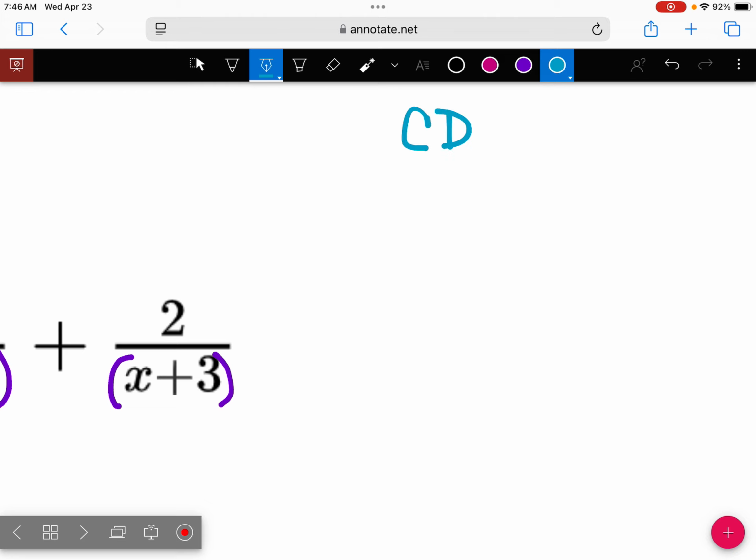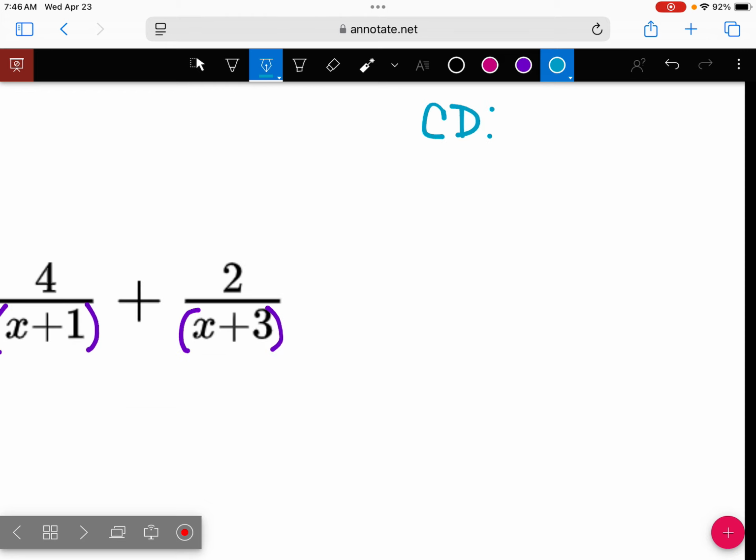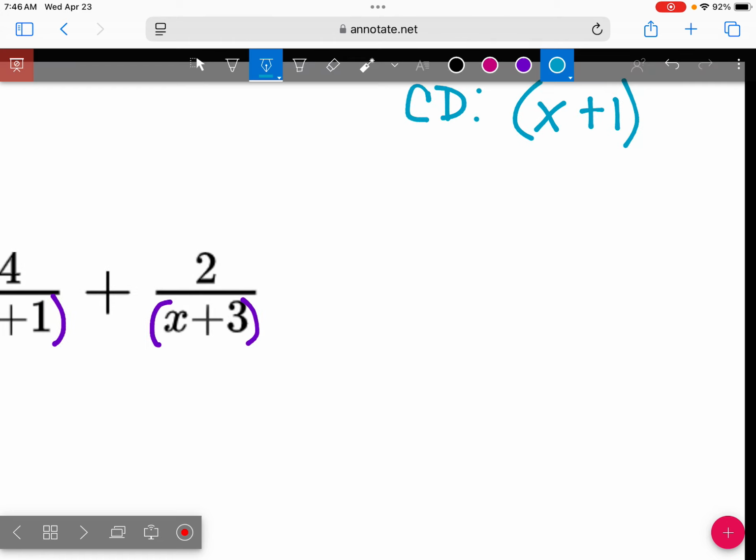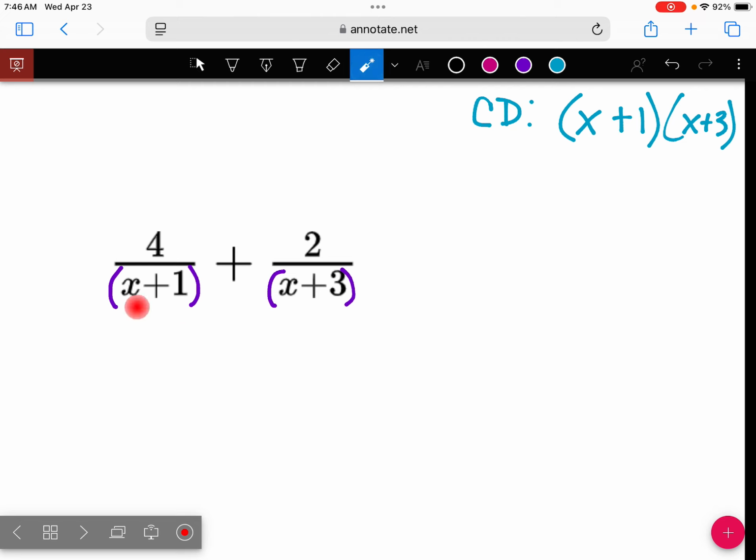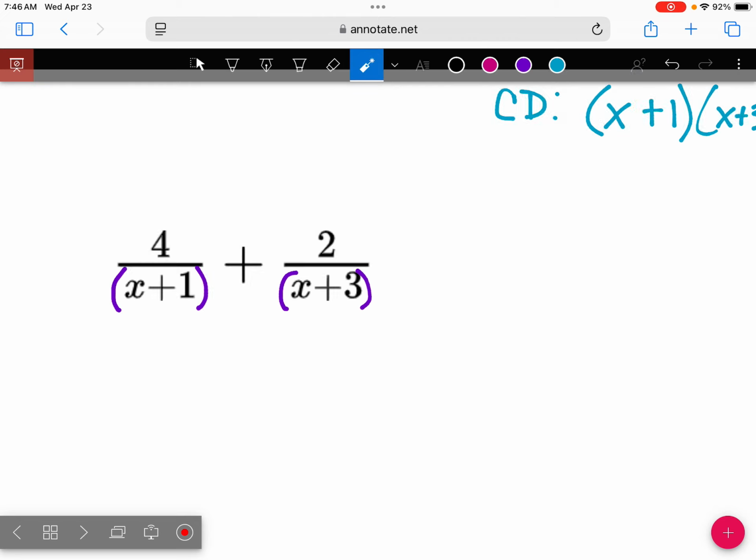What pieces do we have that exist in here? X. And then think of our factors as a single chunk. So we're going to have our x plus 1 and our x plus 3. It needs to get both pieces. Whatever factors exist need to exist in our eventual denominator.